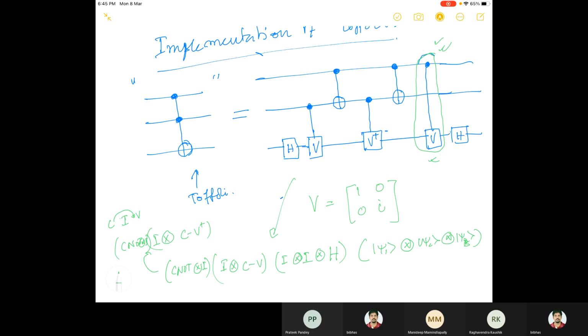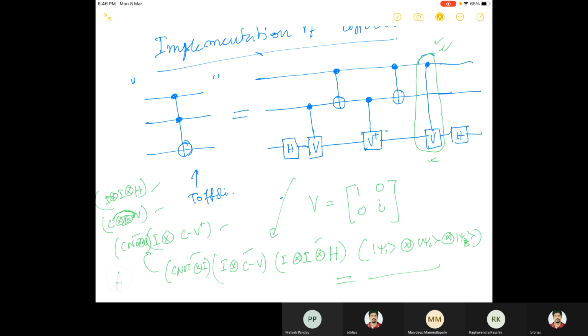It is not C times V, but it is CV, because it is control V. And then again on the last one you act this. So the entire Toffoli matrix can be decomposed as a product of these factors, and then you get the corresponding output. So this is also a factorization.